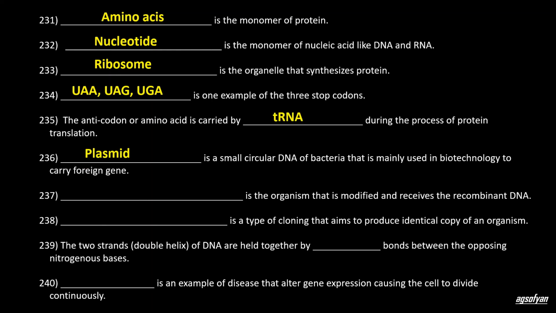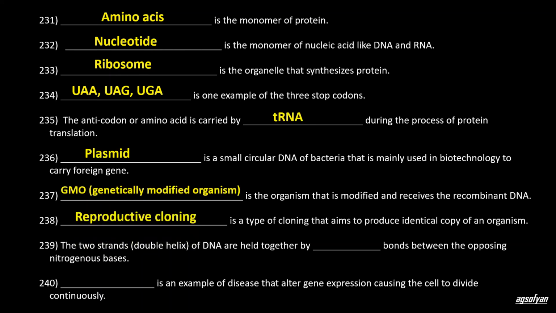That's going to be the GMO, genetically modified organism. Blank is a type of cloning that aims to produce identical copy of an organism. This is the one that is reproductive cloning.